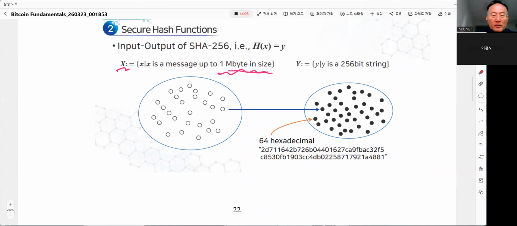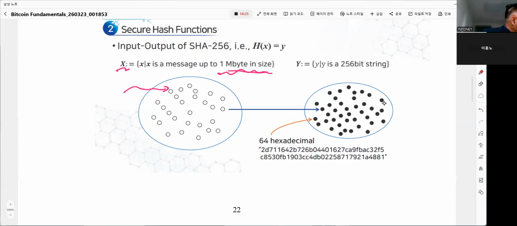Basically a block is 1 megabyte, and we can imagine that there are a garden variety of different inputs. Different inputs, and here is one file. One dot is one file.